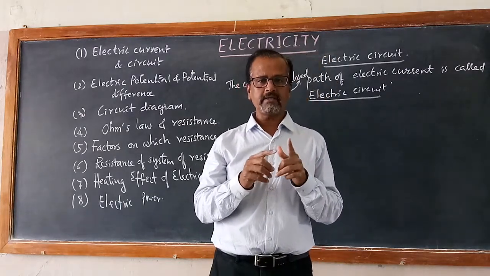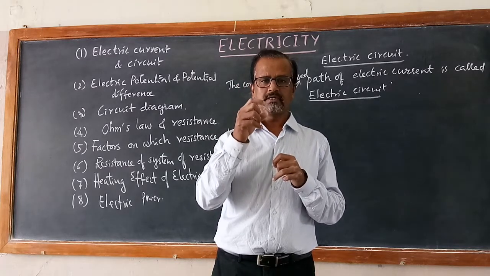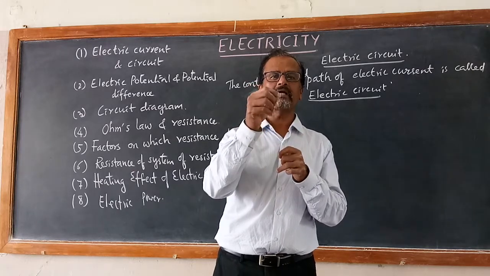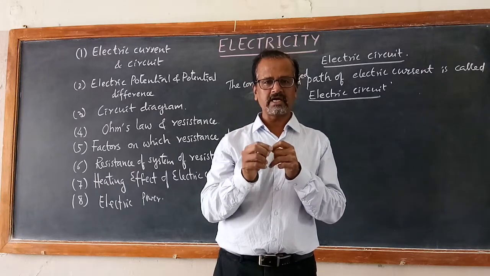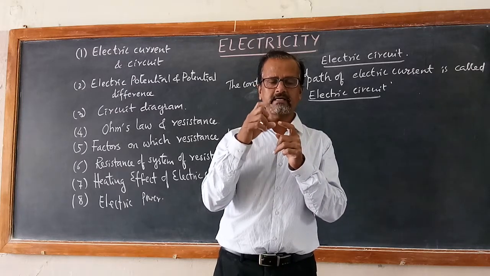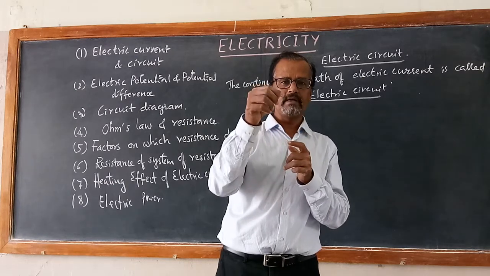So it is the path of the electric charges flowing from the source cells to the bulb through the connecting conductors.